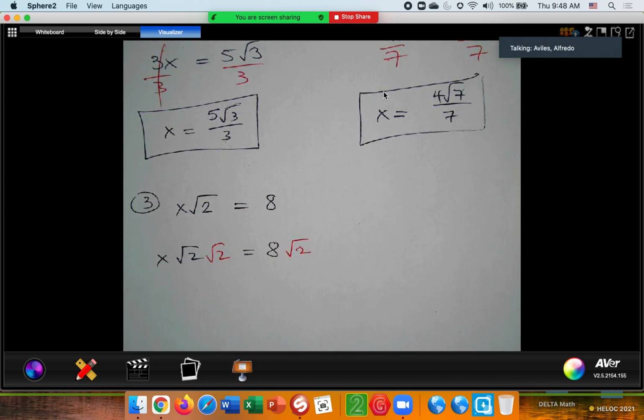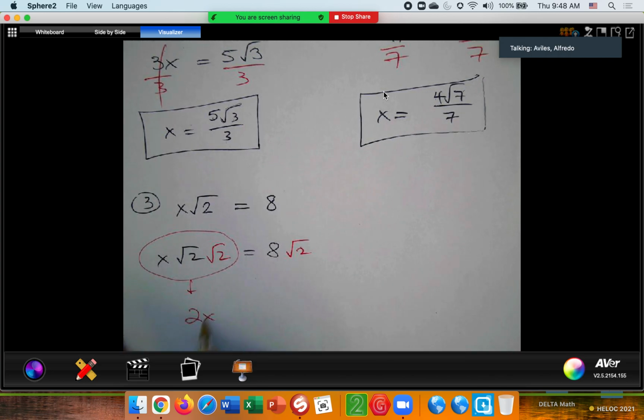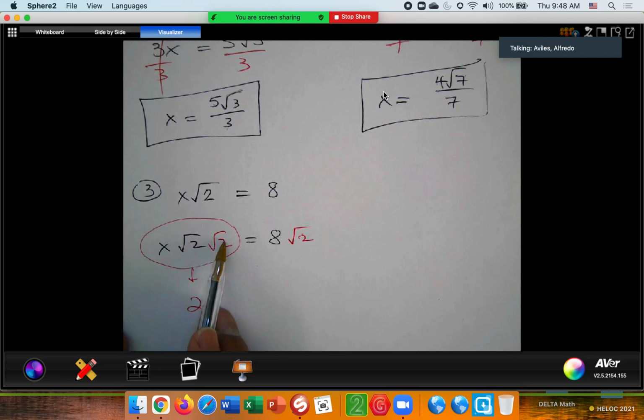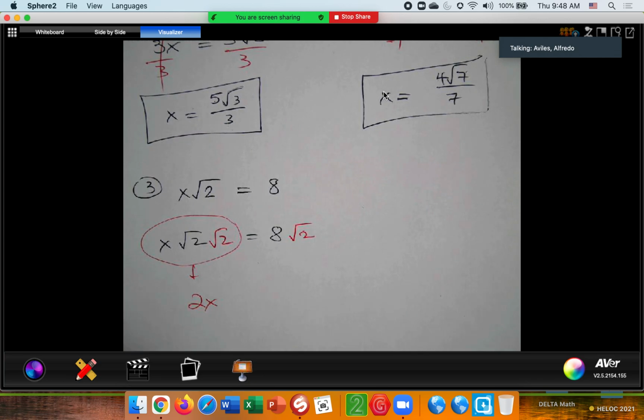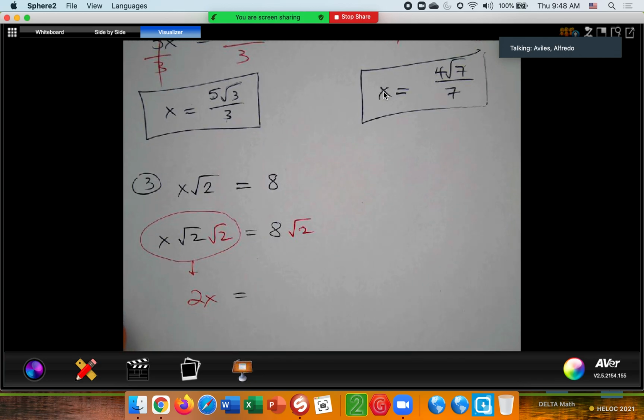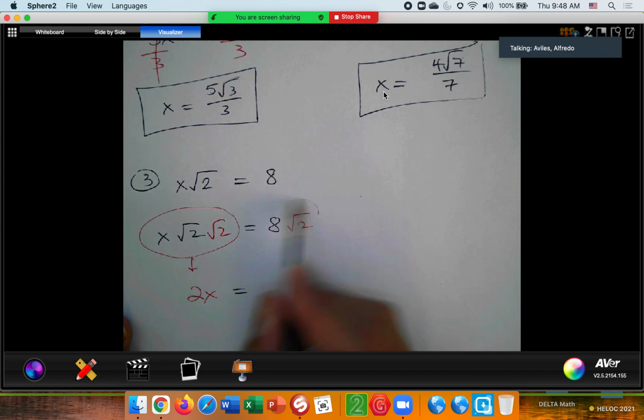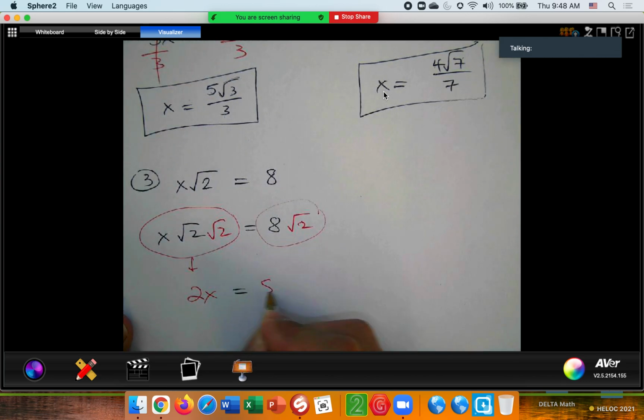Right? Then what's left here? 2x. The square root of 2 times the square root of 2, and x is your variable. Equals what? Equals 8 root 2.